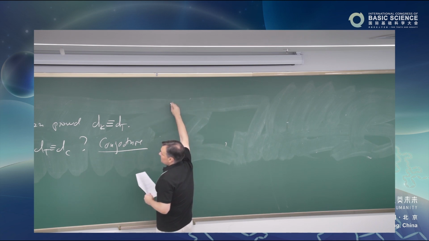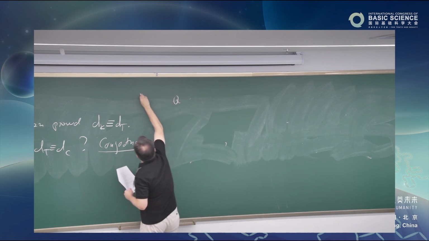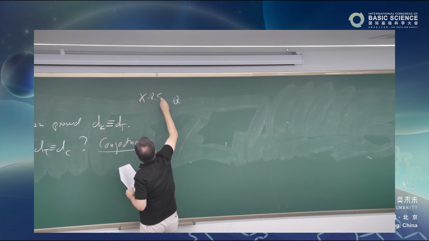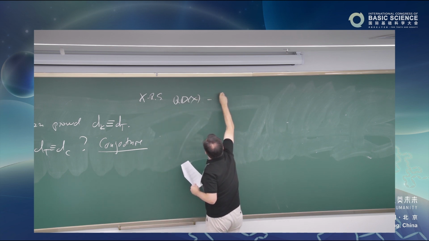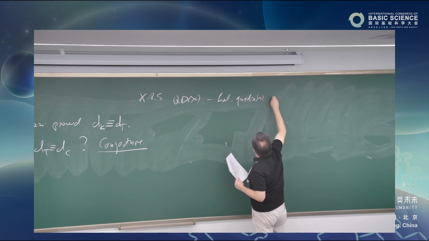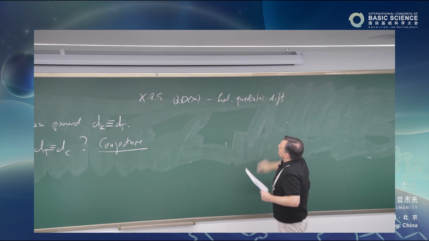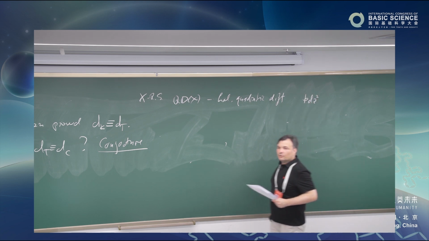If you have a Riemann surface, then you have the space of holomorphic quadratic differentials. And this is the space of these square forms.